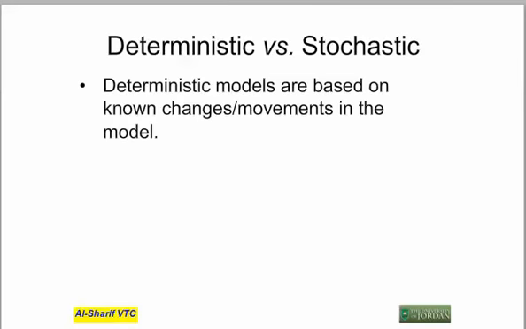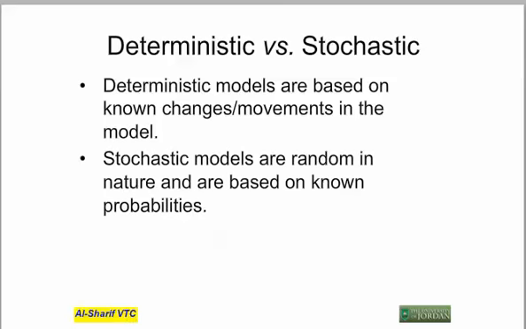So when we say deterministic versus stochastic, a deterministic model is a model in which events are known in advance, exactly in which way they will happen. While a stochastic model is a model where things happen randomly. And in reality, we probably do need to model stochastic processes because we need a more realistic view of how the model will run and what effect these random effects will have on the model.